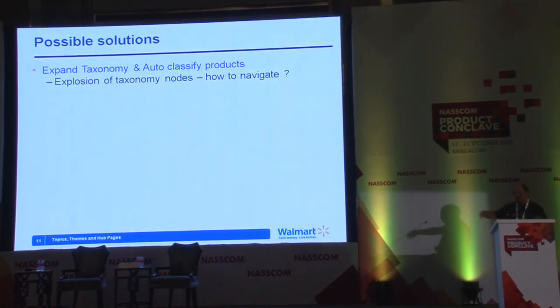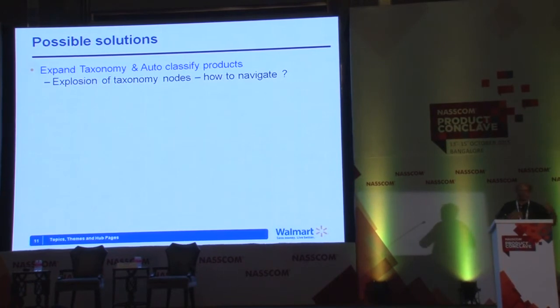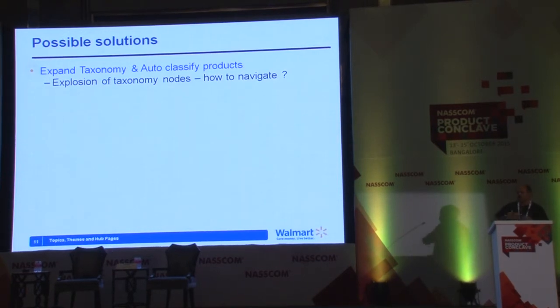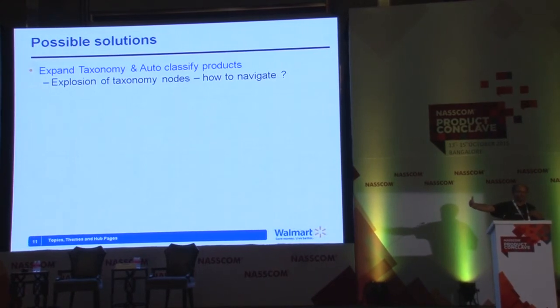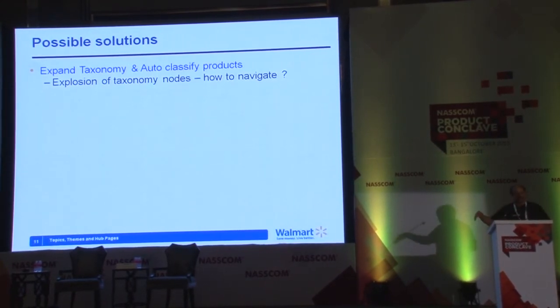You can say, okay, as my number of SKUs grow, I will develop all the algorithms to classify them algorithmically into nice taxonomies. As the taxonomies also grow, then it becomes a navigational nightmare for the user. You don't want a taxonomy that is 7, 8 levels deep so that you go through 8 levels of clicks in order to see some products.